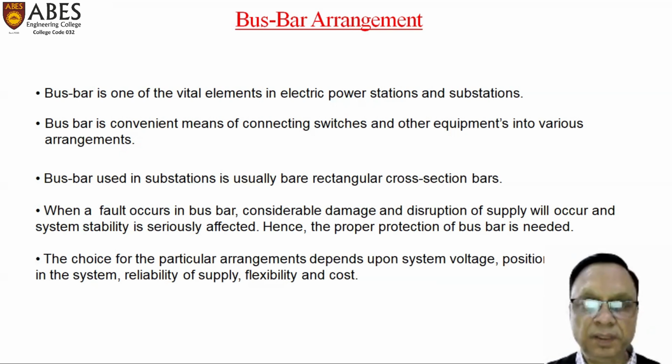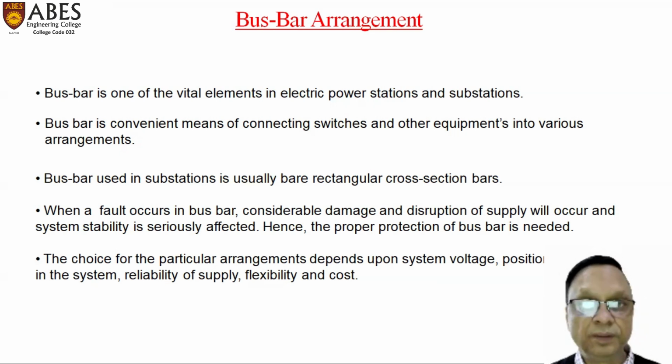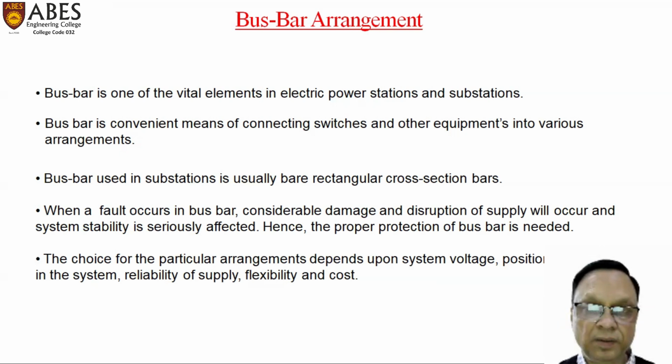Let me just remind you that a bus bar is actually aluminum, a rectangular cross-section bar. To these bus bars we can connect any electrical load, maybe a motor, or a cable, depending upon the requirement. But under all circumstances, the voltage across each and every load connected to that particular bus bar will remain the same, constant.